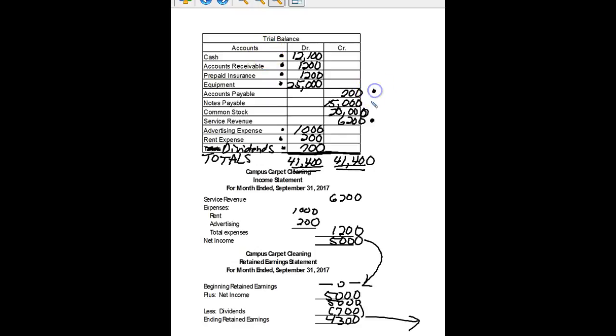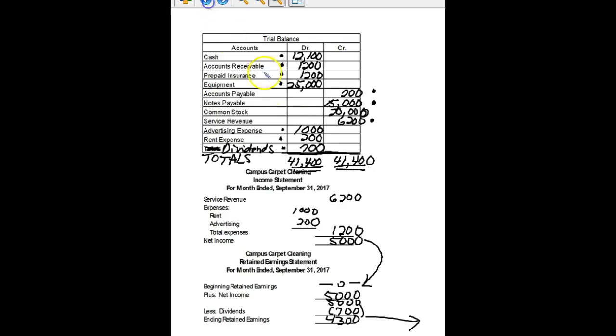Then we'll go to liabilities. I'm going to list the 200 and the 15,000, assuming that 15,000 is short-term. So total current liabilities and total liabilities, 15,200. We need common stock.